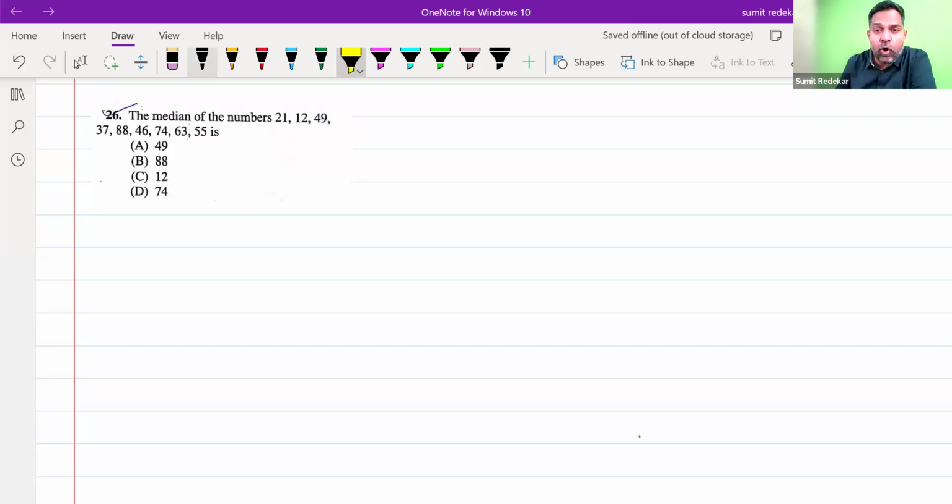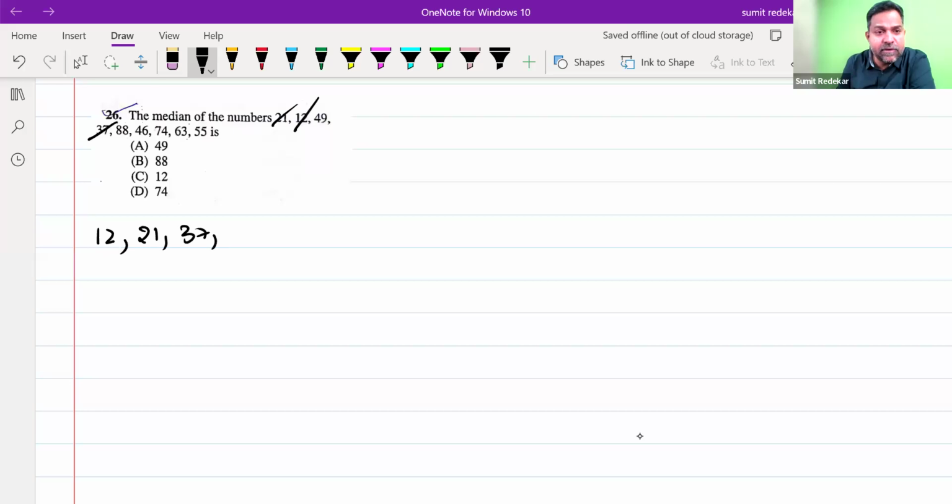The median of the numbers. Now, for the median, step 1 is writing them down in an ascending order. The smallest number that I see is 12. The next after that is, I don't see anything below a 21. After that is a 37.